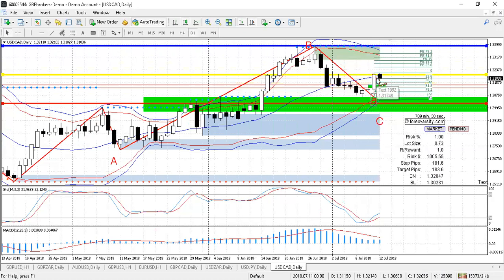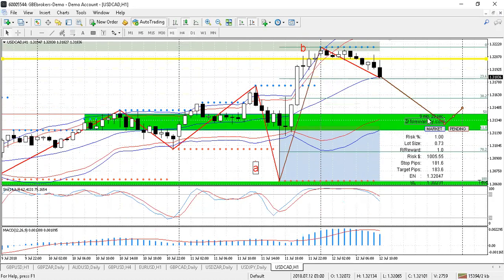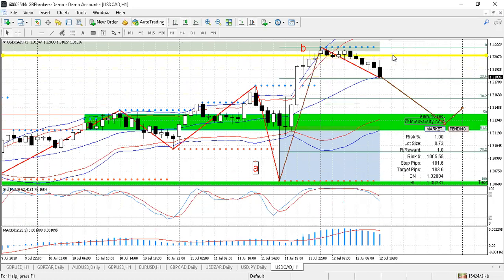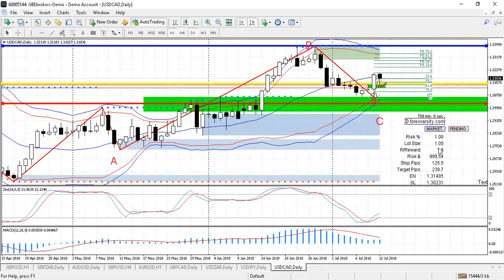But if you're able to wait for the retracement on the 1 hour or the 4 hour, and then you get that little retracement and you identify an entry in, then you can basically get into the trade a lot quicker. So in other words, a lot lower. So you'll get a better risk to reward. So if I go back to the daily now, and we look at our risk to reward, we've got a 1 to 1.9, which is virtually a 1 to 2, which is what we're after.